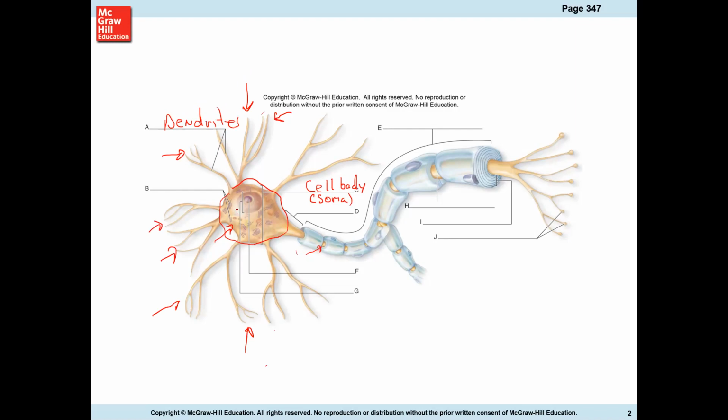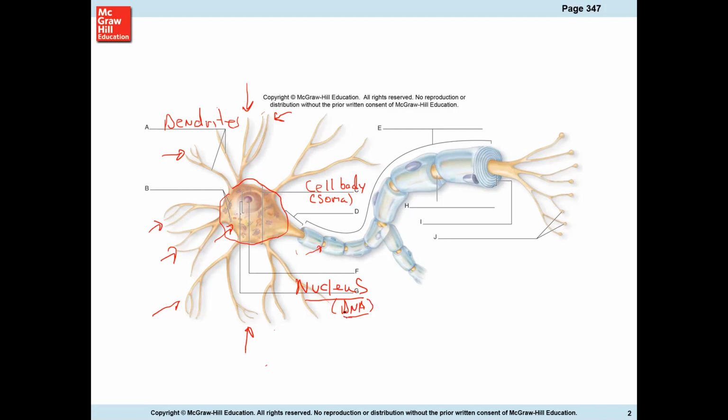Where does the information come to? The cell body. The cell body is like any other cell. It has organelles like a nucleus. It's not like a red blood cell, which is anuclear. And the nucleus has a lot of things going on in there, like DNA, deoxyribonucleic acid, our template for genetics.